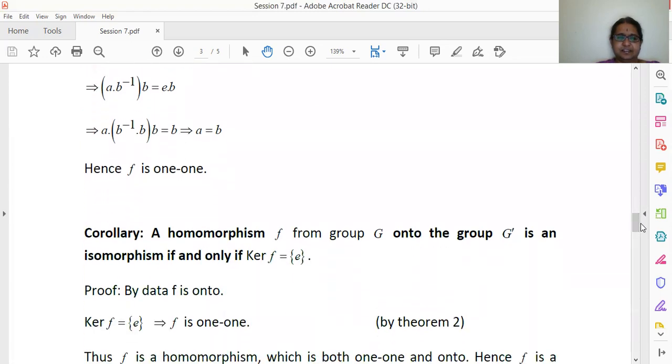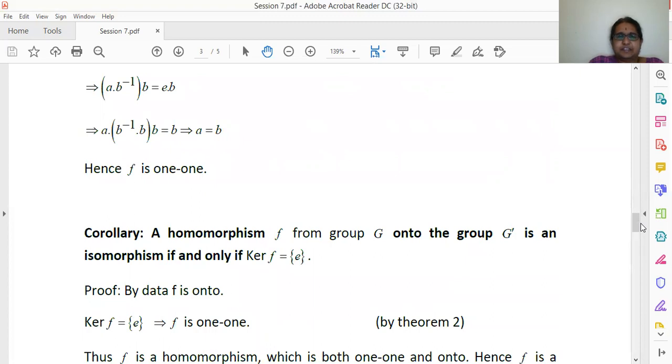There is a corollary. A homomorphism f from group G onto the group G dash is an isomorphism if and only if kernel f is equal to the singleton e. In the statement, what they have given is a homomorphism f from the group G onto the group G dash. So the word onto is used, hence the mapping f is onto, and it is already a homomorphism.